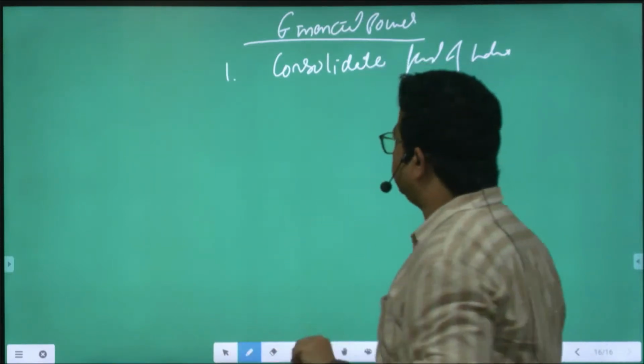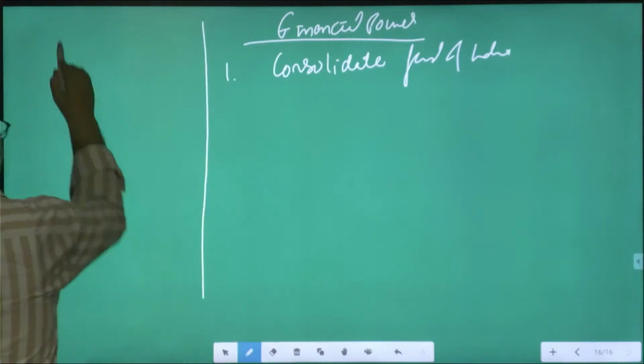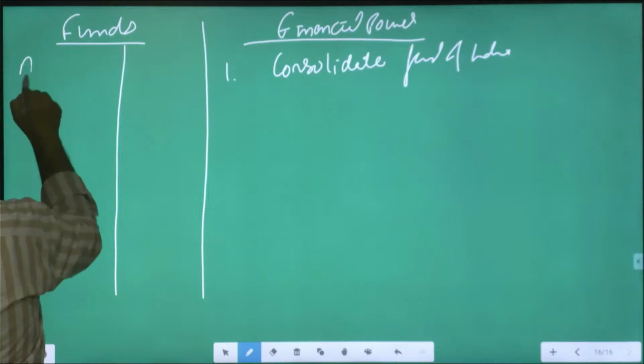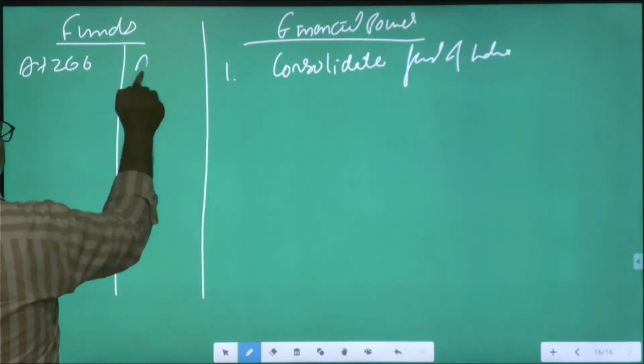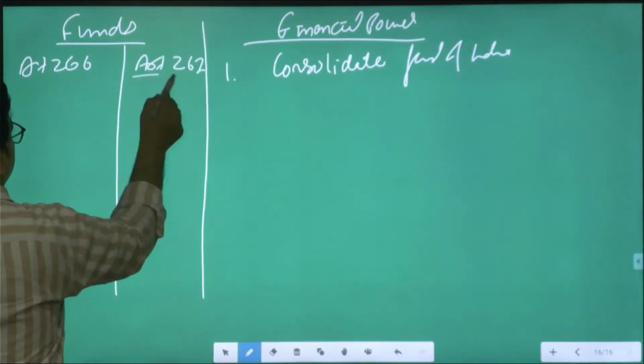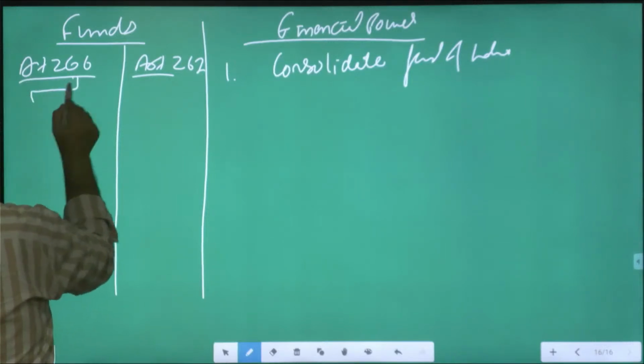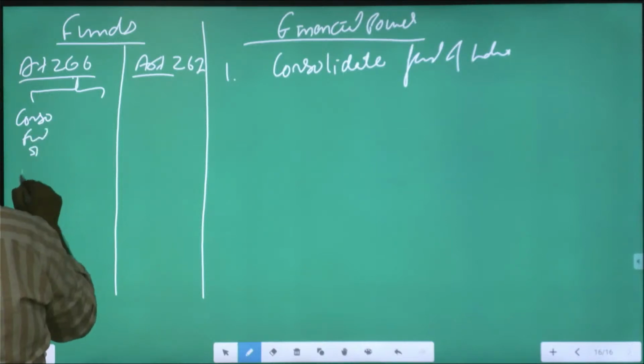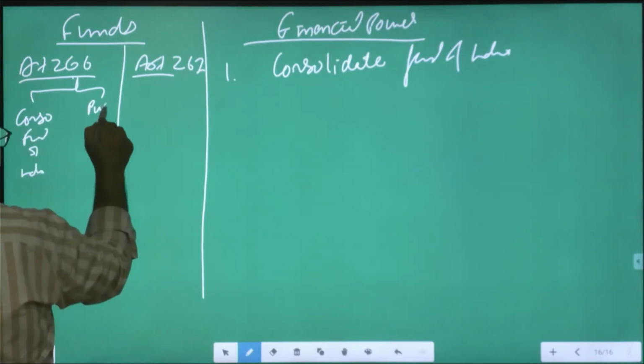Yes or no? There are three types of fund. If we talk about the funds, Article 266 and Article 267 talk about two types of fund. One is the consolidated fund of India and another is the public account fund.